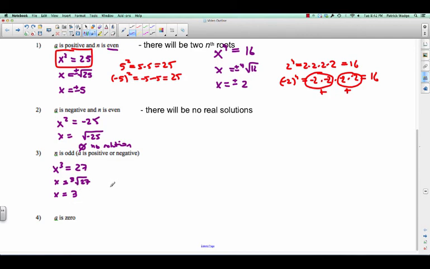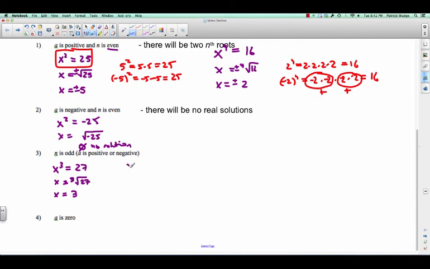Because if you did, it would mean that 3 times 3 times 3 has to equal 27. And it does, so that's perfect. But it would mean negative 3 times negative 3 times negative 3 would also have to equal 27. And it doesn't. It equals negative 27. So do not put plus minus when it is an odd exponent. Only when it's an even one, like up here.